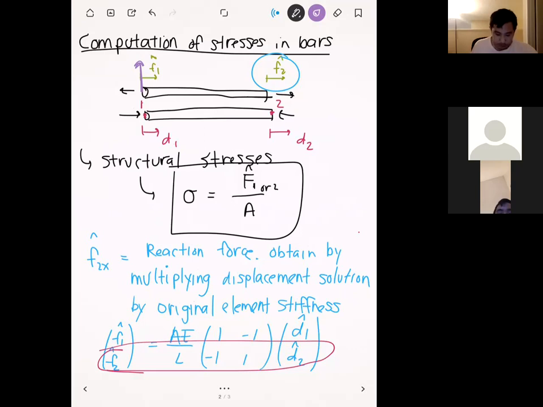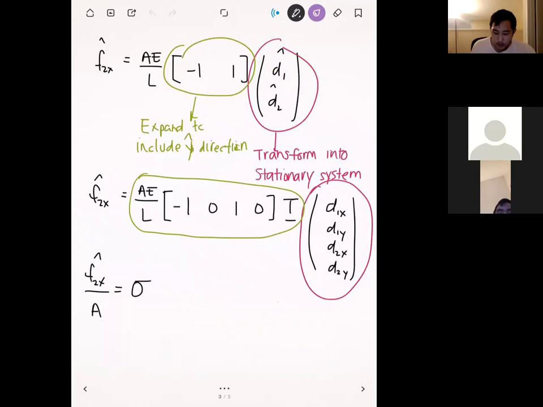Right now we're not considering them, which is why we have zeros there. But when we transform things into the stationary coordinates, you might have a truss displacement going like this, and it has both an x component and a y component within the stationary xy system.